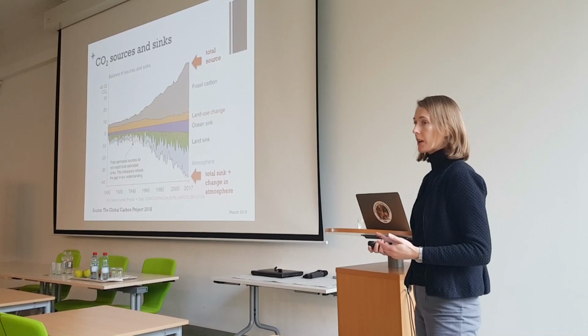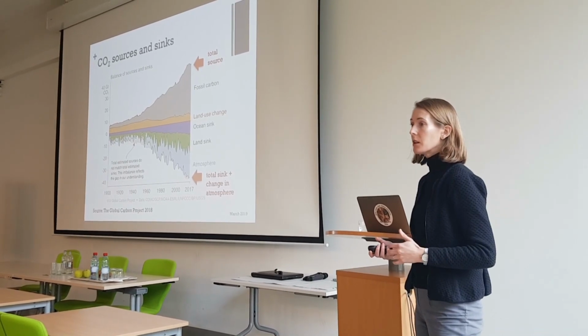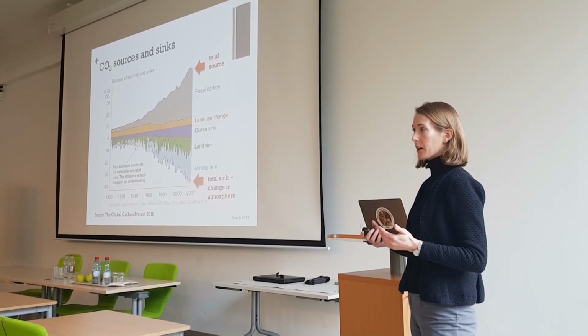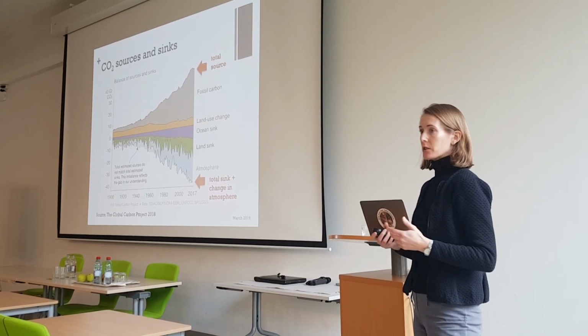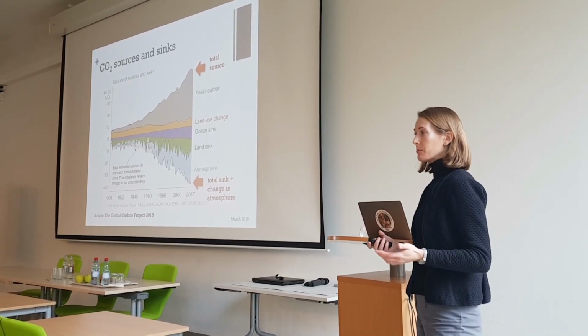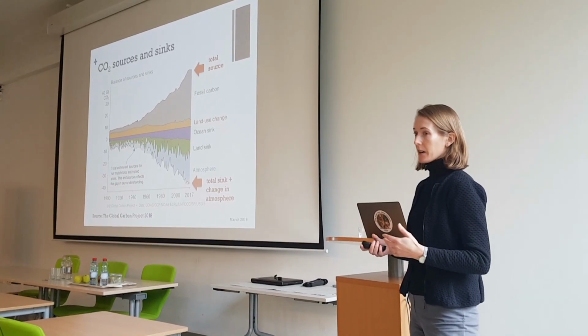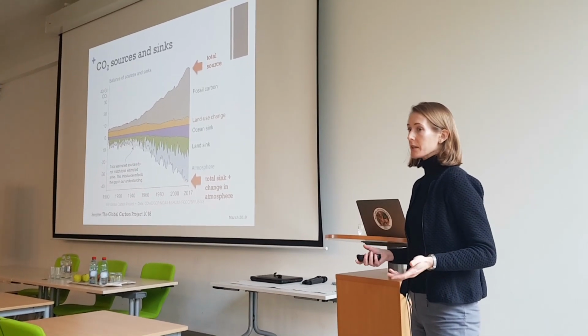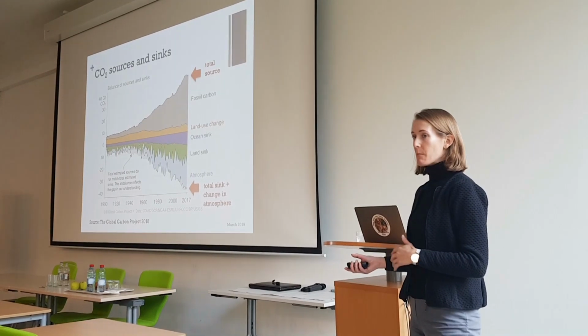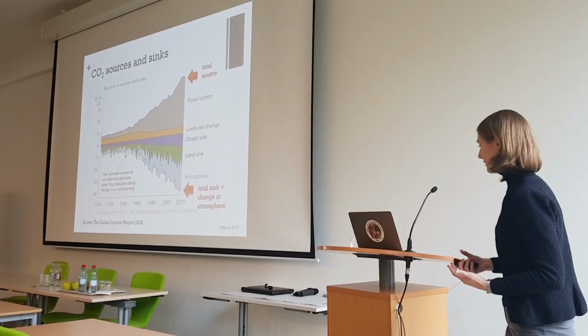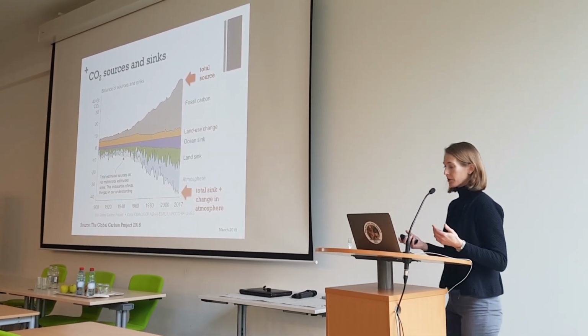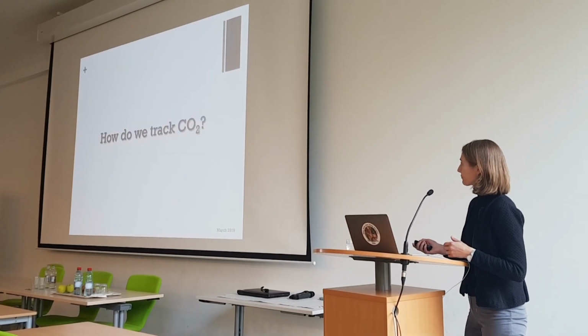You may have heard of, for example, the North Atlantic Oscillation or the El Nino Southern Oscillation. These are natural climate variability, which means that some years you might have hotter, drier summers, and other years maybe warmer, more mild winters. So all these natural climate variations also mean that the land sink of CO2 is also changing.